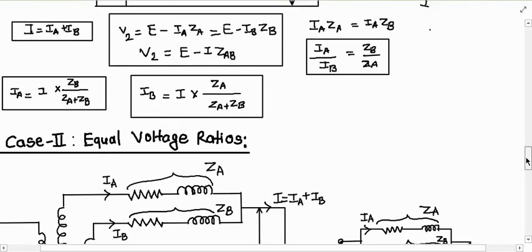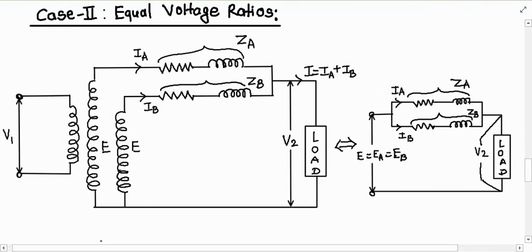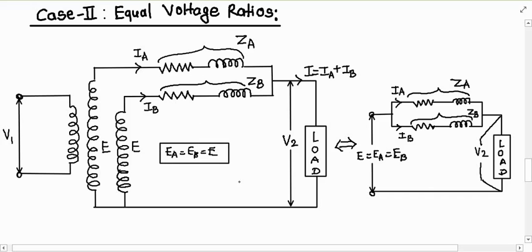What is case 2? Case 2 is the equal voltage ratio. Let us assume now that the no-load voltages of both secondaries are the same, meaning EA equals EB equals E. This is the condition when we are talking about equal voltage ratios.